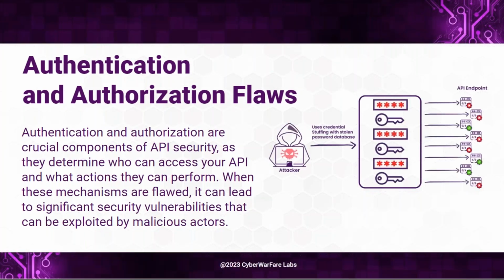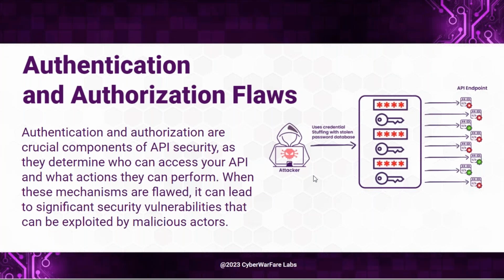Now we explain authentication and authorization flaws. We all know what authentication and authorization are. These are crucial components of API security as they determine who can access your API.